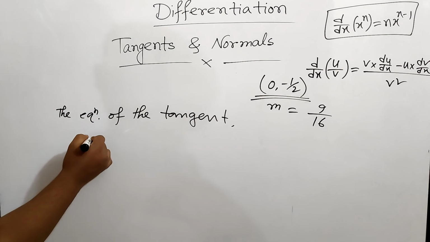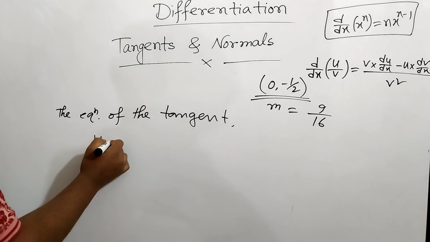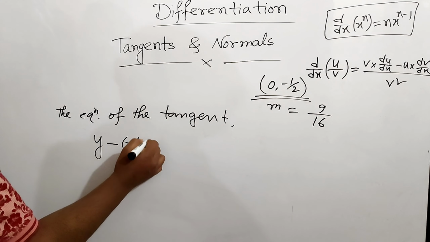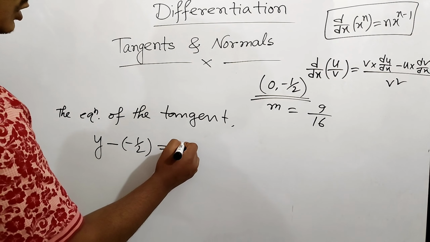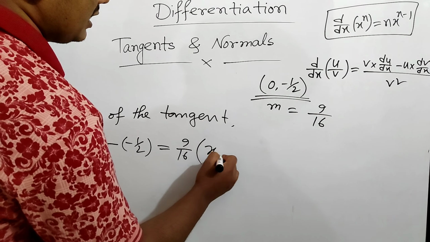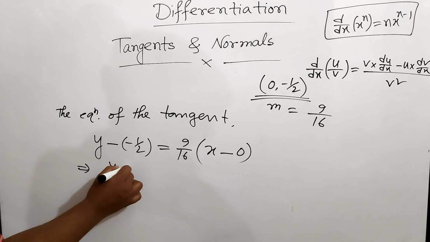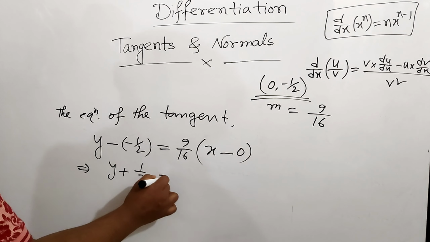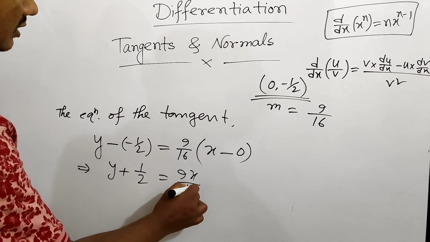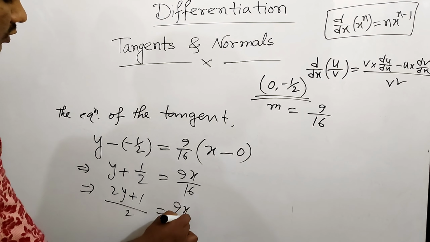So just use the formula y negative y1. So y1 is here negative half, so it should be y plus half equal m multiplied by x negative x1, that is 9 over 16 multiplied by x negative 0. Now if you do the calculation, y negative negative, that is positive half, 9x over 16, so it should be 2y plus 1 over 2, 9x over 16.